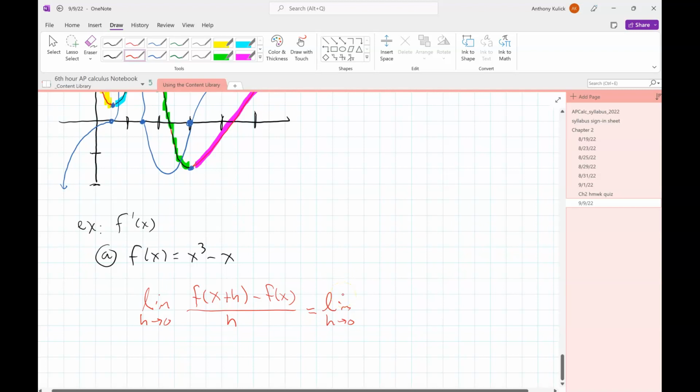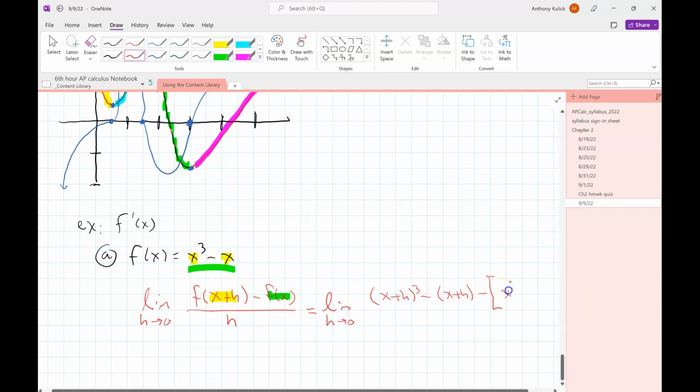So when I do f of x plus h, what does that mean? Plugging x plus h in place of the x's in f of x. And then if I have f of x, what does that mean?